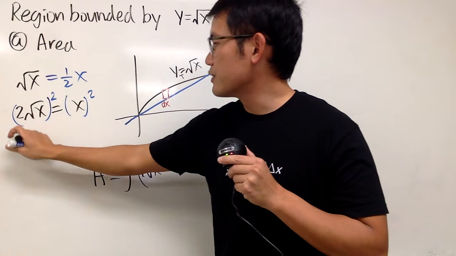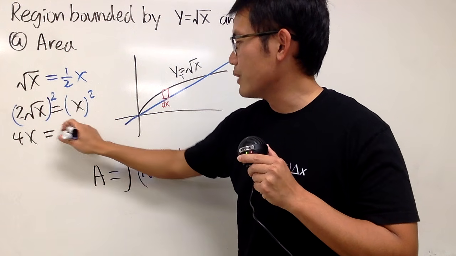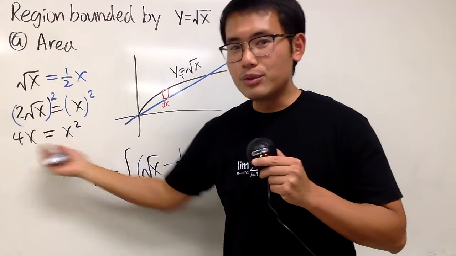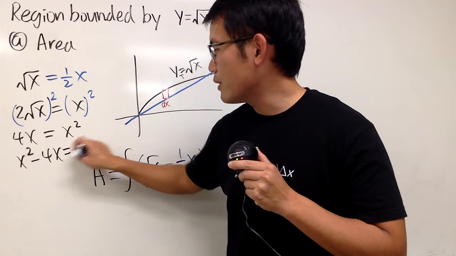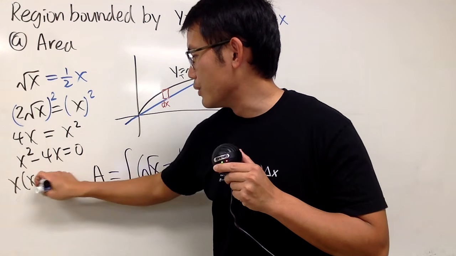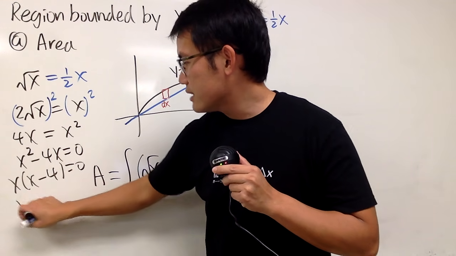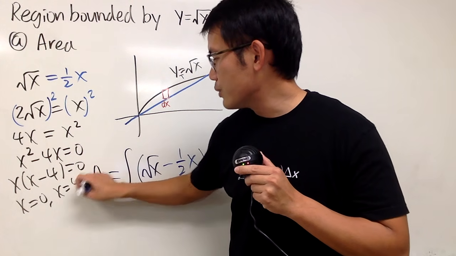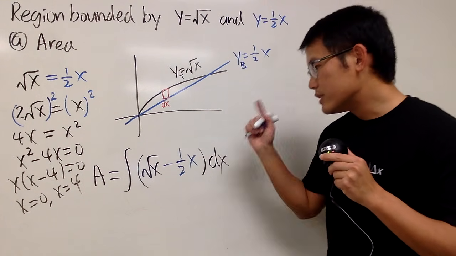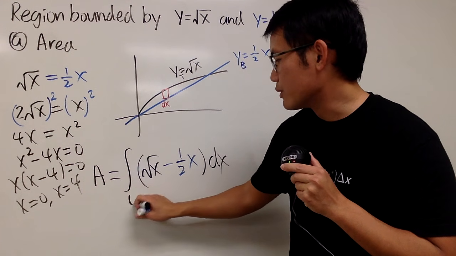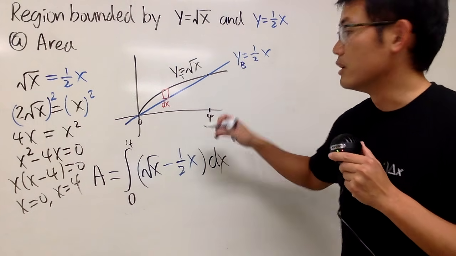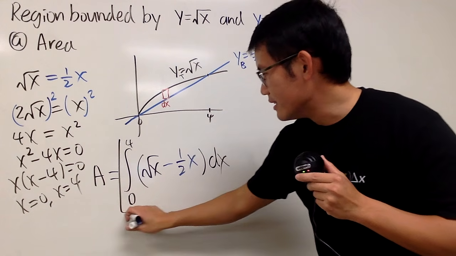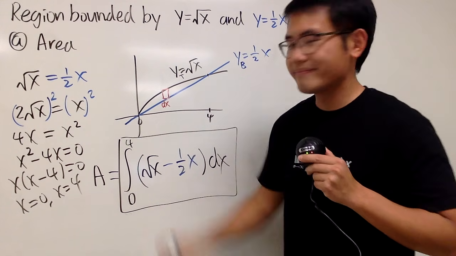We see this is 4x equals x squared. Move this to the other side. We get x squared minus 4x equals 0. Then just factor it. You will see that x is equal to 0, x is equal to 4, right? So with that done, we know that we will just go from 0 to 4, because this is 0 and this right here is 4. That's it. This is the vertical rectangle approach.